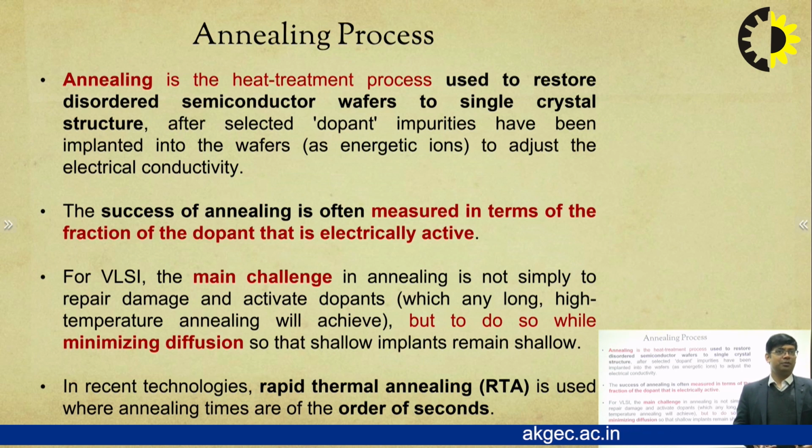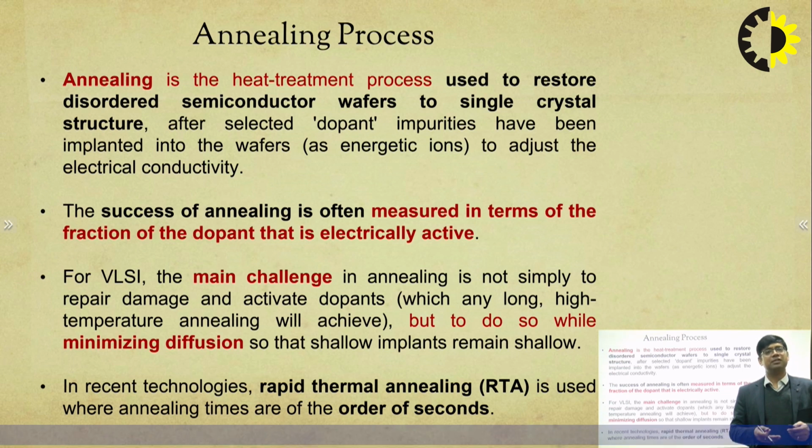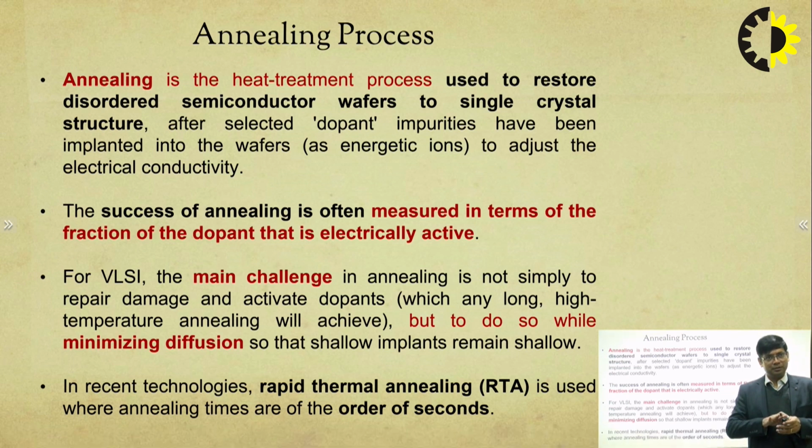So when we introduce the dopant ions, the structure is damaged. Most of the dopant ions are electrically inactive. Now, when we do the annealing process to bring the wafer structure into the regular silicon single crystal form, these dopant ions become electrically active, and that is the measure of success of annealing.